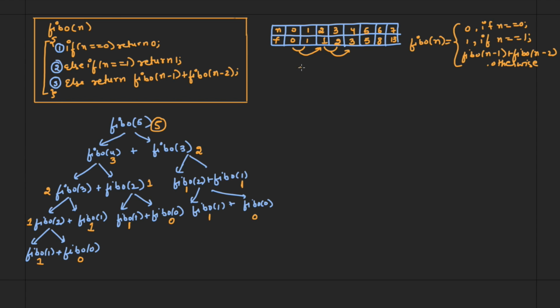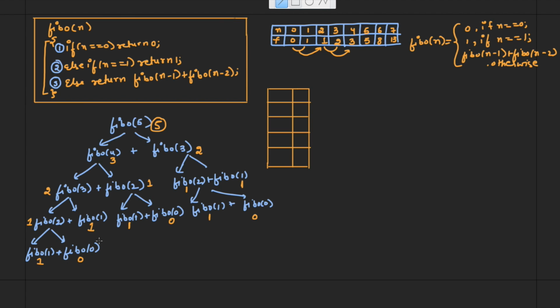Now from this Fibonacci of a number, you can find out how many times we have done these recursive calls. Let me list this out. Okay, so the recursive calls which we have done: Fibonacci of 0.